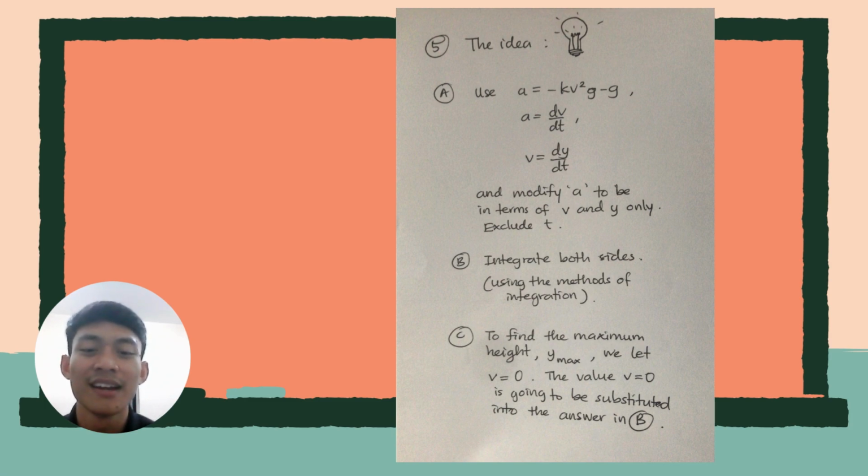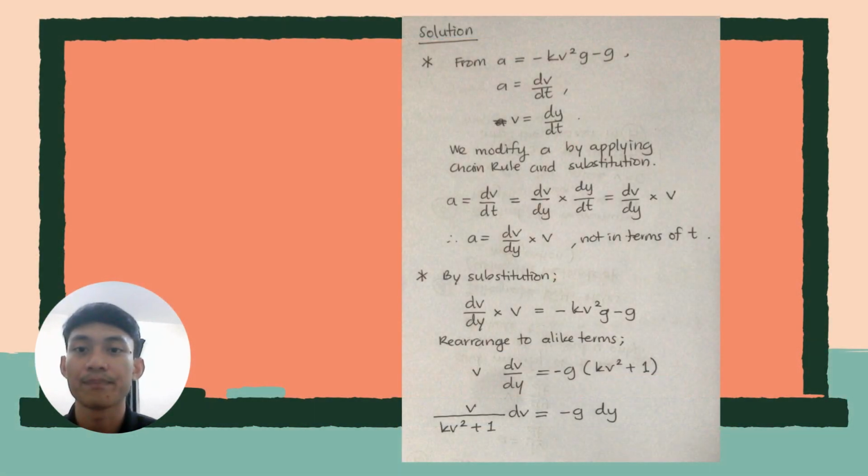In order to find the maximum height achieved by the stone, we need to make sure that the value of velocity v must be equal to 0, and v equals 0 is going to be substituted into the answer that we got from step two. So that's the general idea to solve this question. Let's go to the solution step.